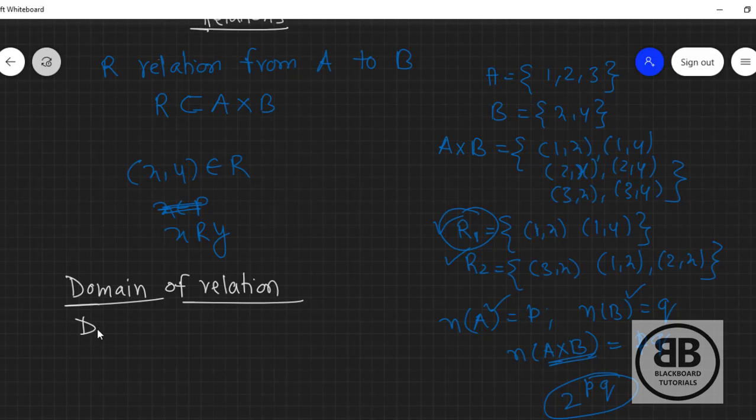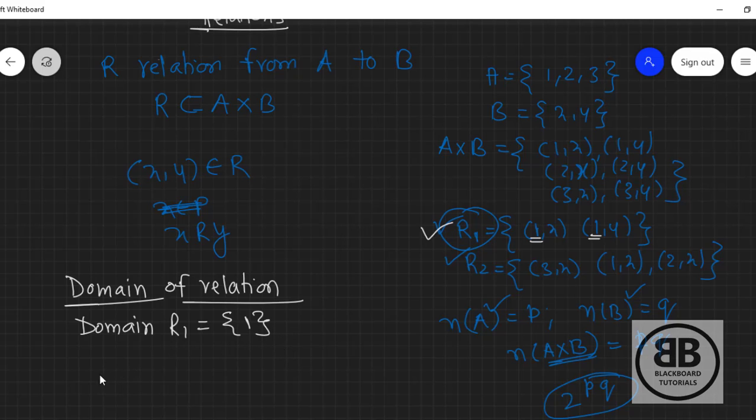In R1, the first elements are 1, 1. So it is only 1. So this domain has only one element.